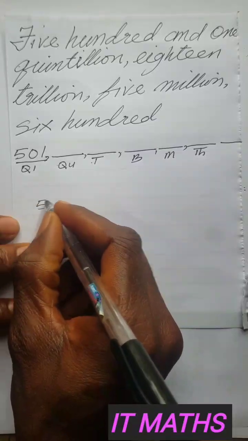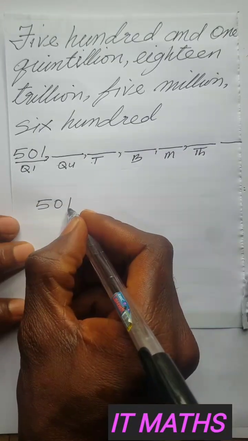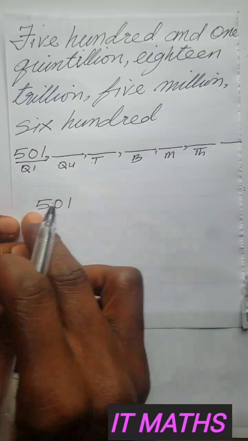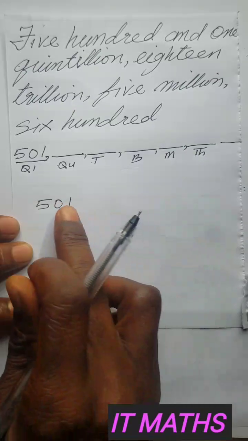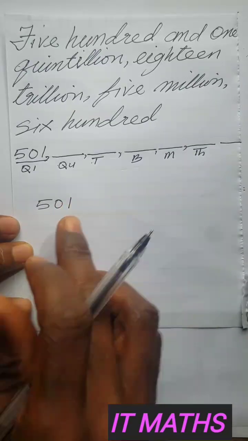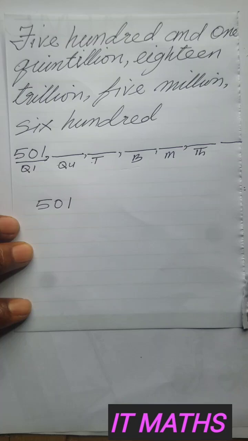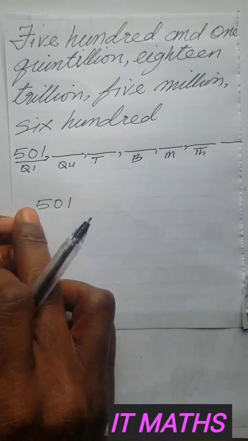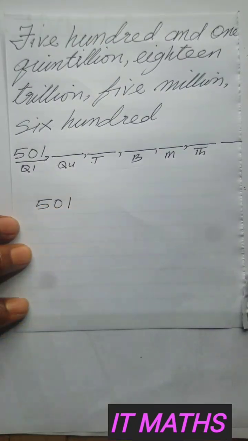Otherwise, it will just be an ordinary 501. If I have 3 digits here, it will be 501,000. If I have 6 digits before it, it will be 501 million. If I have 9, it will be 501 billion, and so on and so forth. Okay?